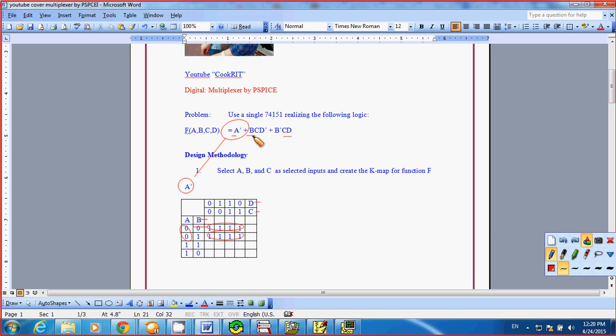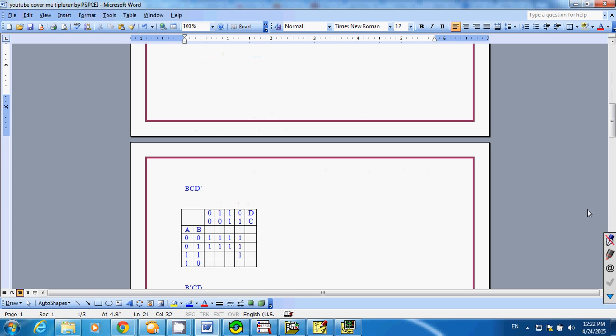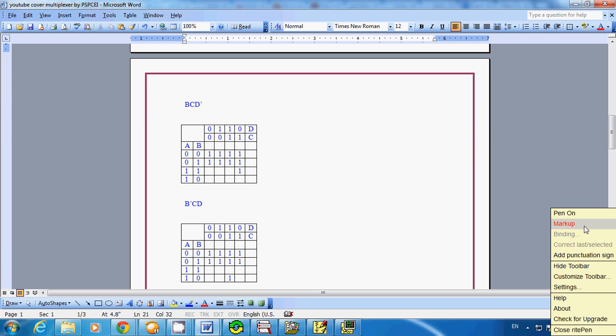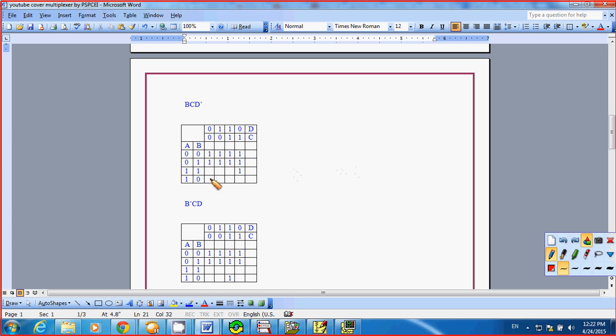Next step, we're going to take a look at B, C, D complement. This is my B, C, D complement. It's a little bit tricky here. Before, we had A complement, so you need to bring that down here as well. That's why I still have 1 1 1 1 1 1 1 1 here.